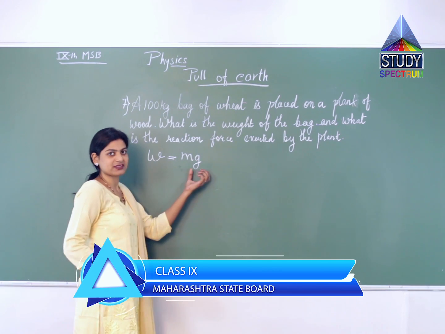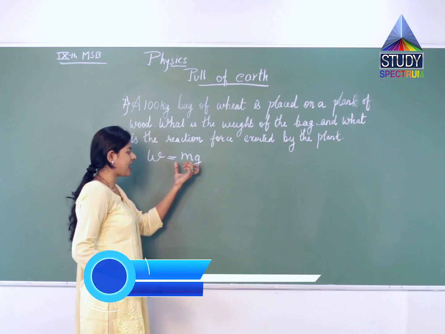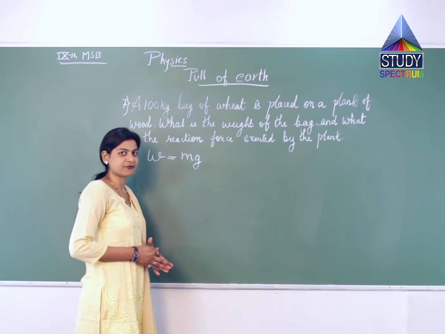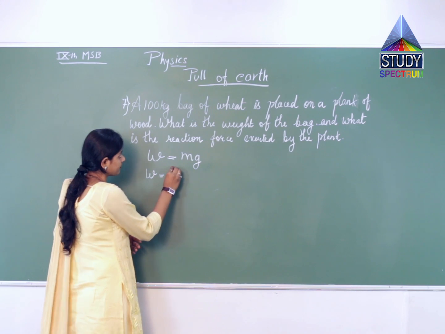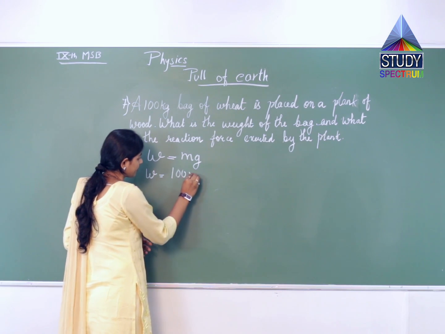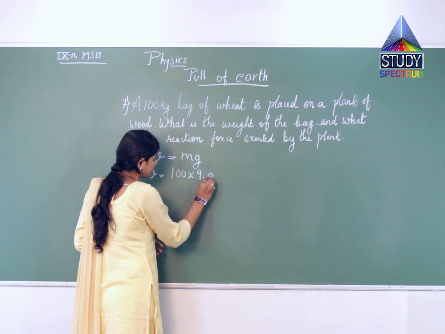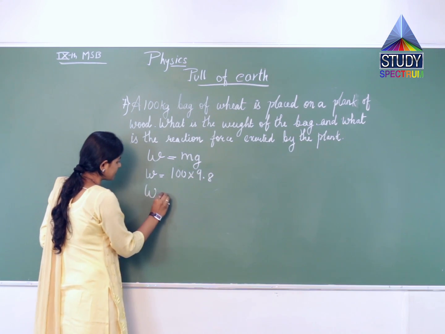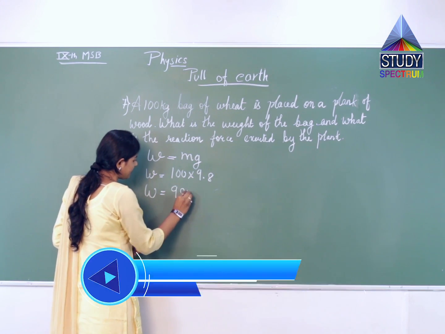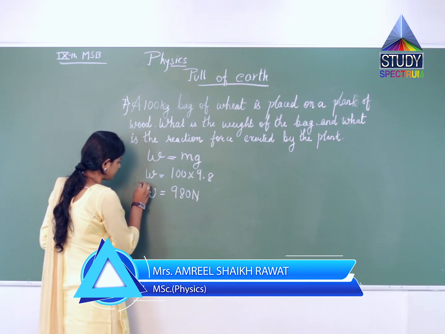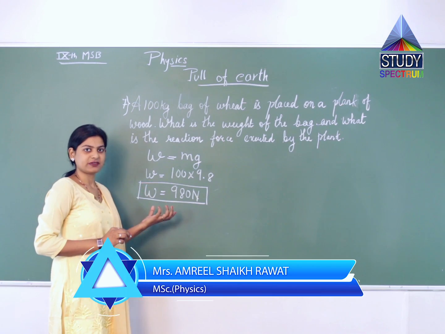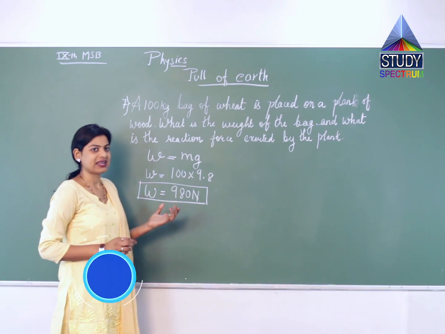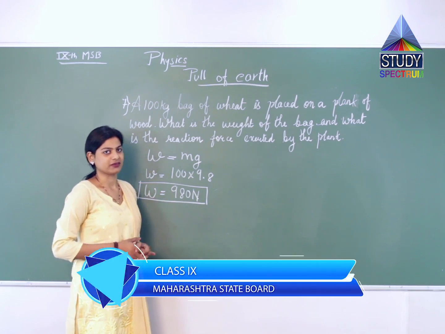We know that the acceleration due to gravity acting on any body on the surface of the earth is 9.8. So weight of the bag will be 100 into 9.8, that will be W is equal to 980 Newton. So the weight of the bag will be 980 Newtons on the surface of the earth.